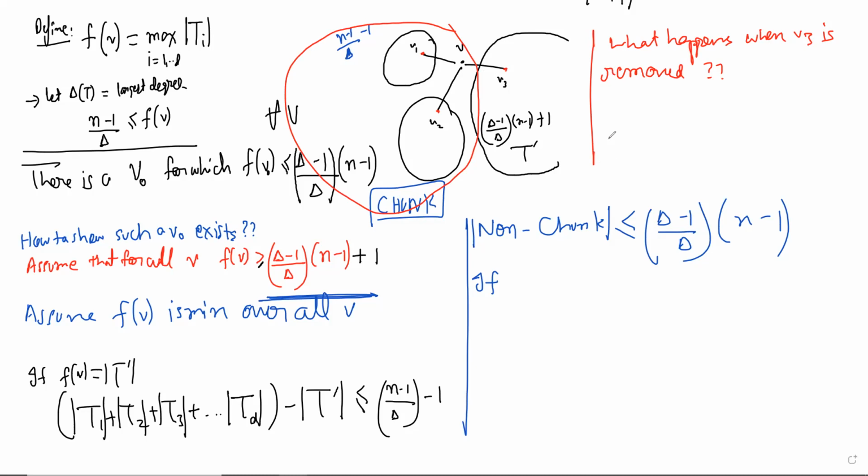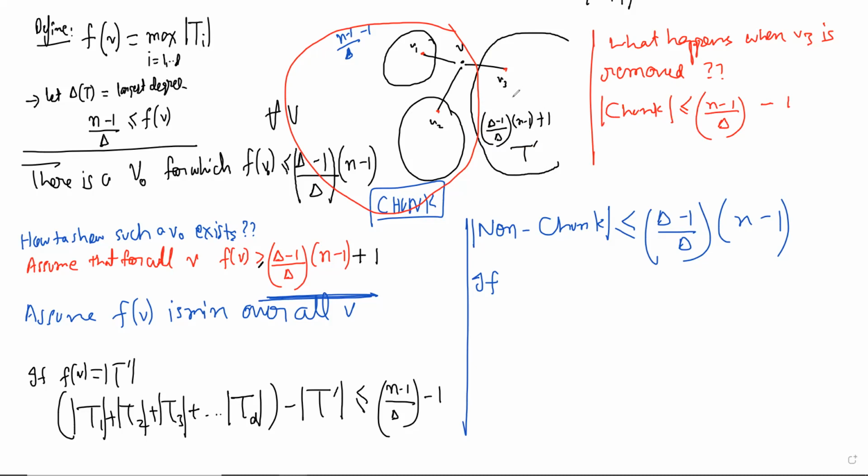So the chunk tree, its size is at most n minus 1 by delta minus 1. Okay, because its size itself is at least this much. Or you can take equal also for the time. That's the size of the chunk.